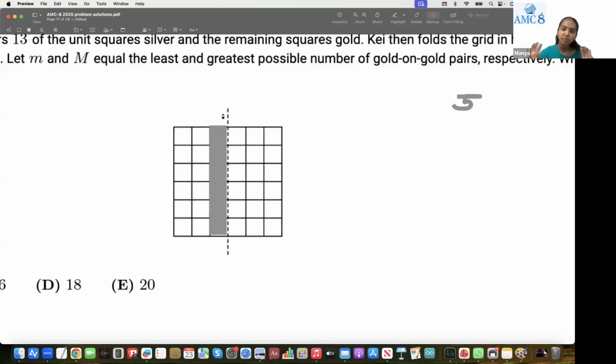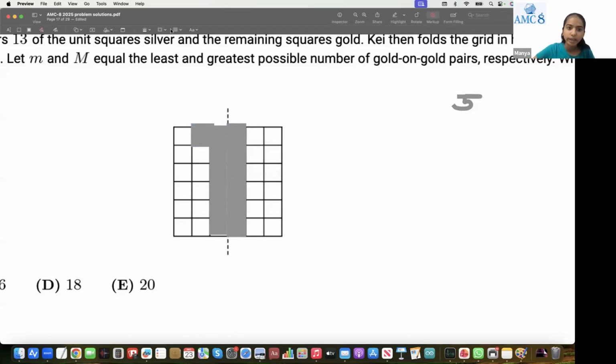But we want as many gold on gold pairs as possible. So how about we do 6 silver on this side as well? Okay, so we have this. But now we would also have to add 1 here. And so it'll look the same on the other side, meaning that this one will also be going on this side.